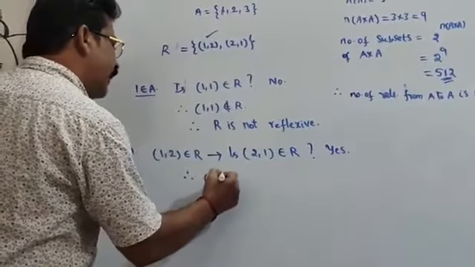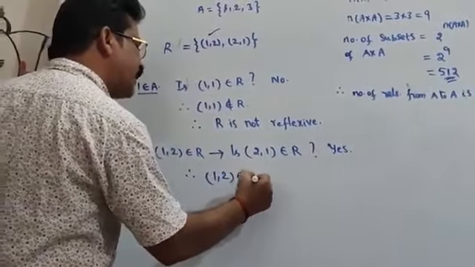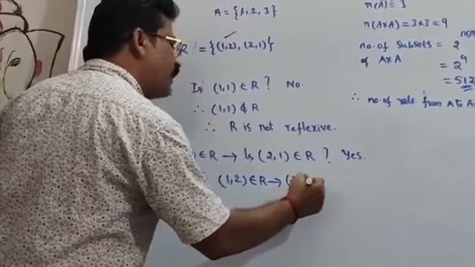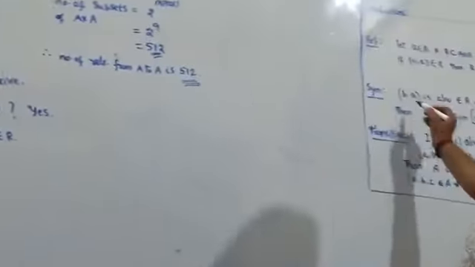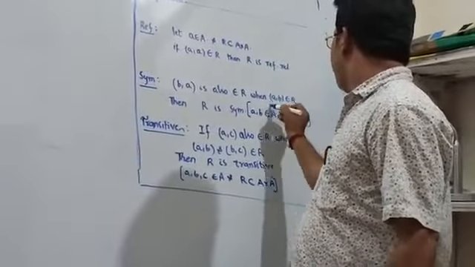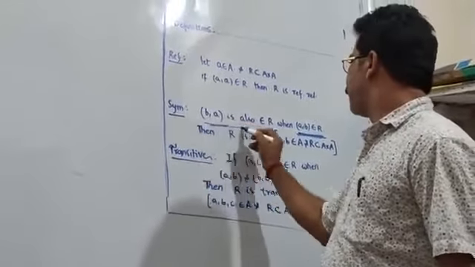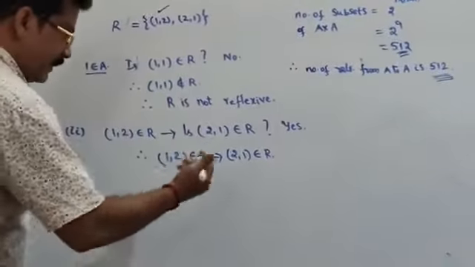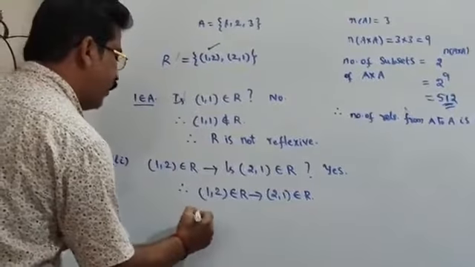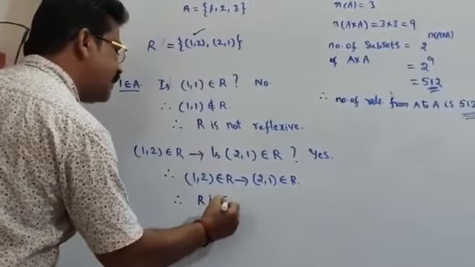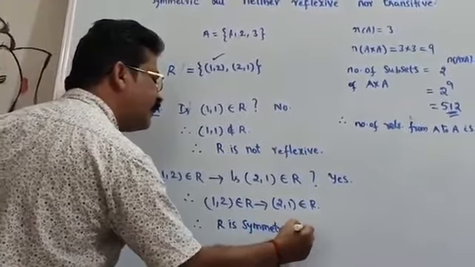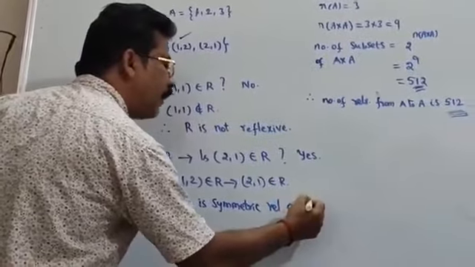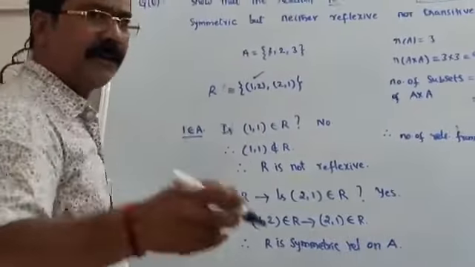Therefore, for (1,2) belonging to capital R, (2,1) also belongs to capital R. Therefore, if (a,b) belongs to capital R, then (b,a) also belongs to capital R. It is called symmetric relation, the symmetric definition. So therefore capital R is a symmetric relation on capital A. You can write A cross A also.